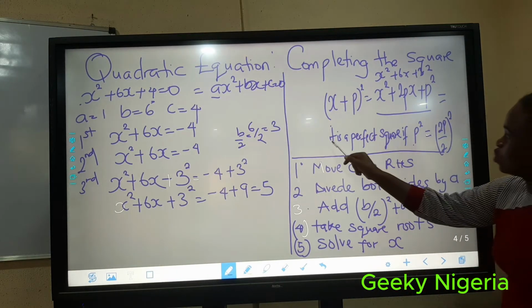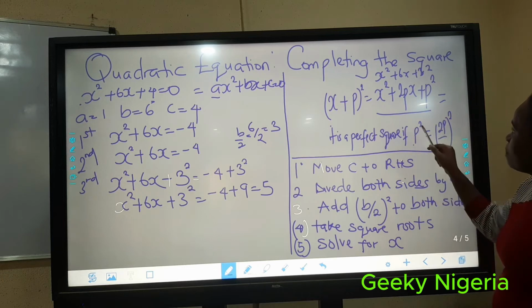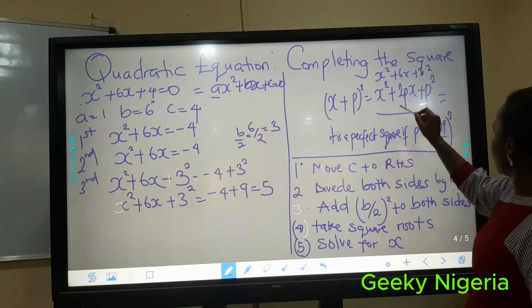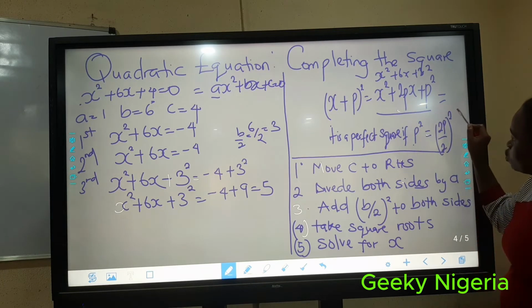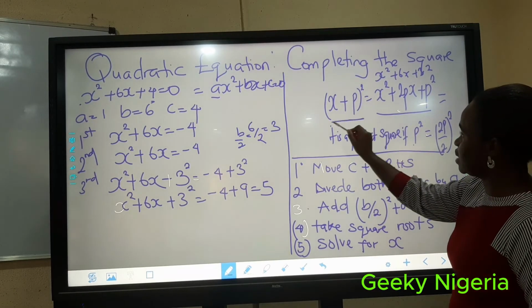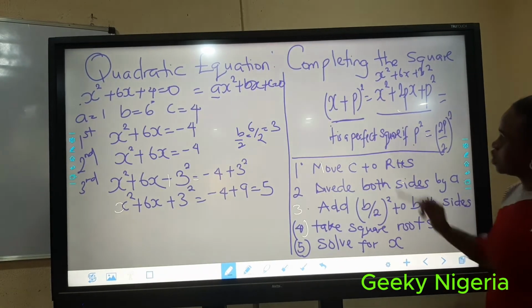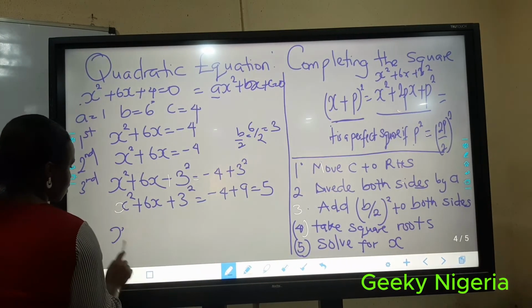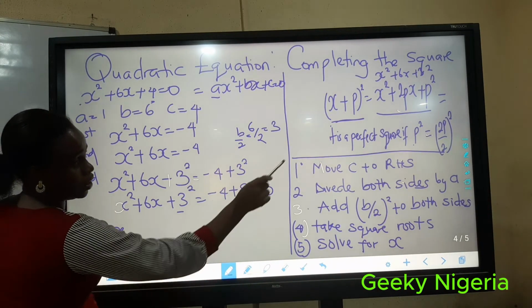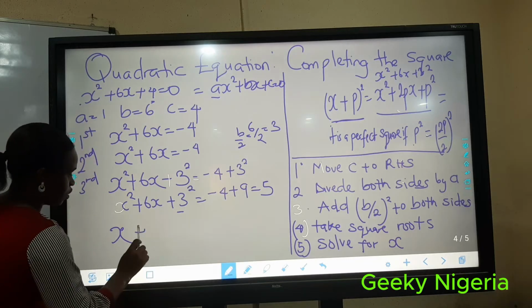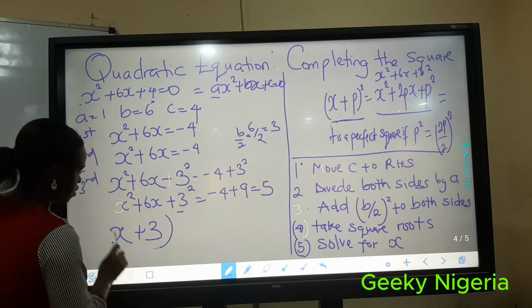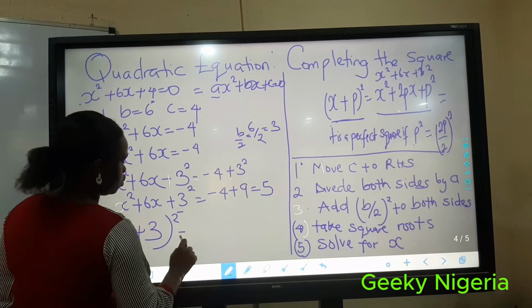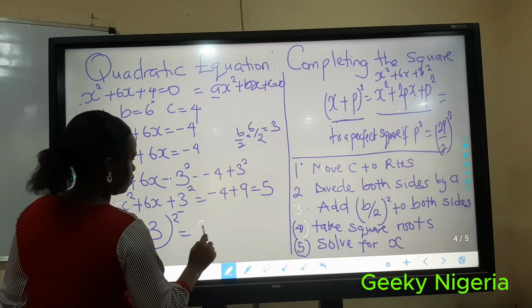So if it's a perfect square, it means that our p squared is equal to whatever we have here as b all over 2 all squared for us to represent it in this format. So here we have this. We now have to bring out here as our x. This is now our (x plus 3) all squared is equal to 5.